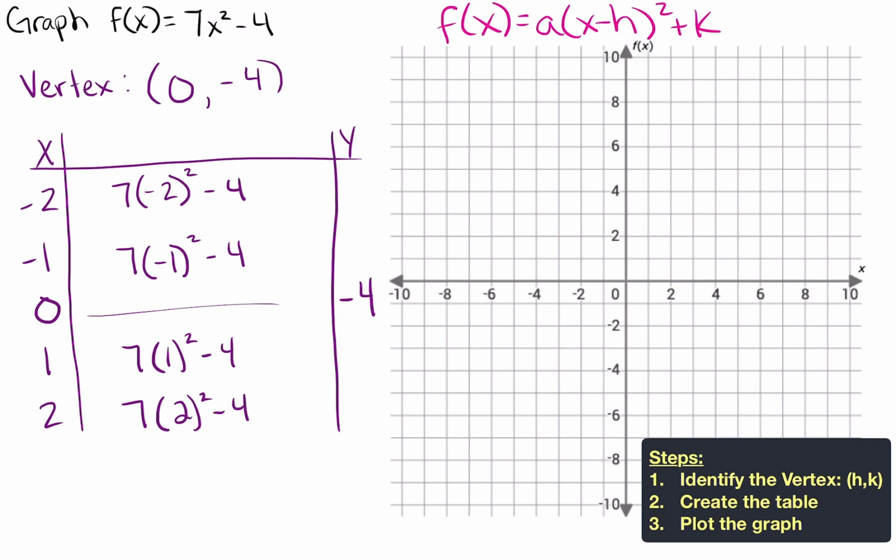Okay? Then we solve this in a calculator. Again, I cannot stress this enough, use a calculator. We get -2 squared is 4. 4 times 7 is 28. 28 minus 4 is 24.